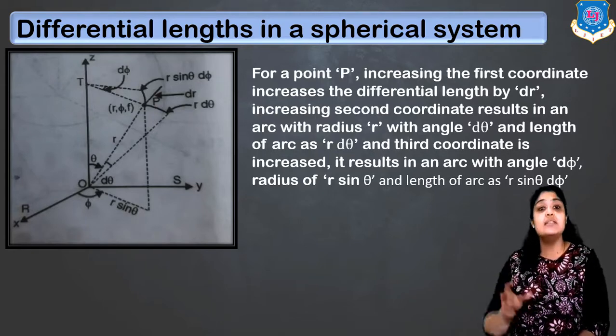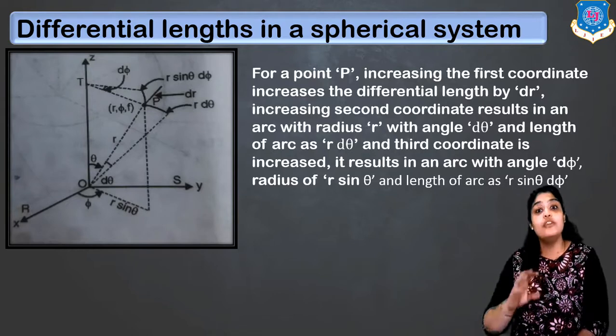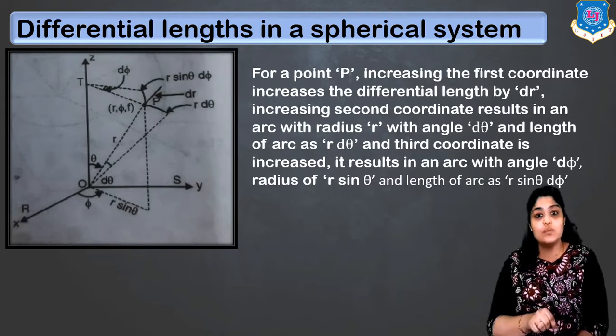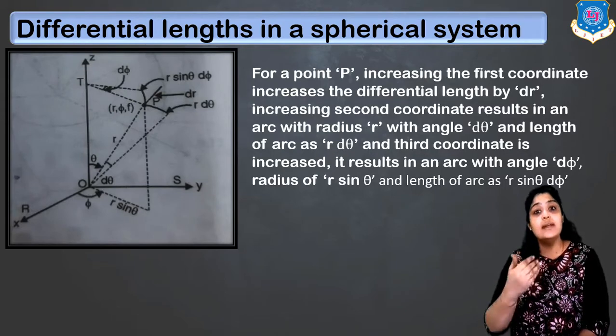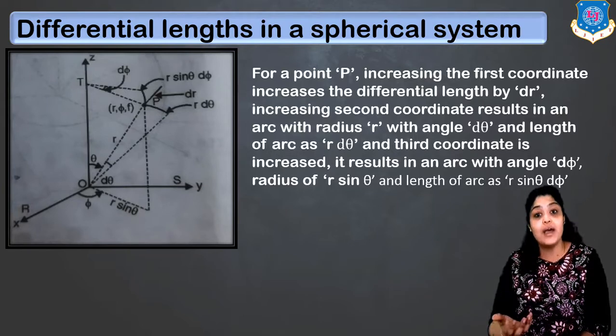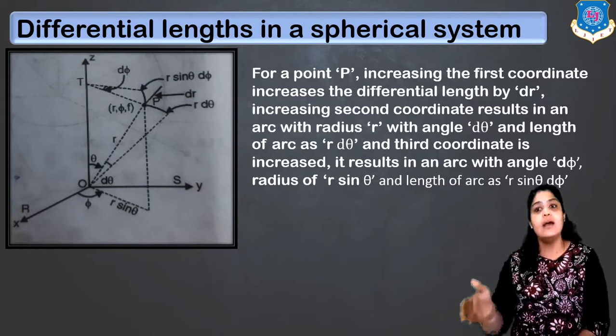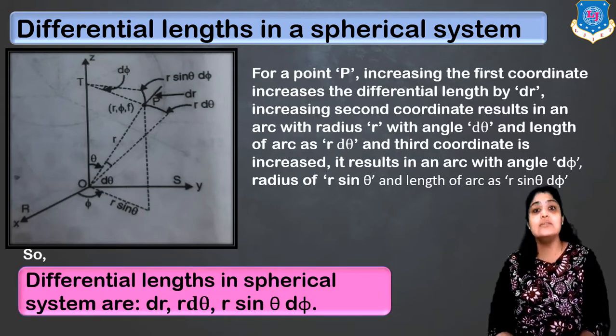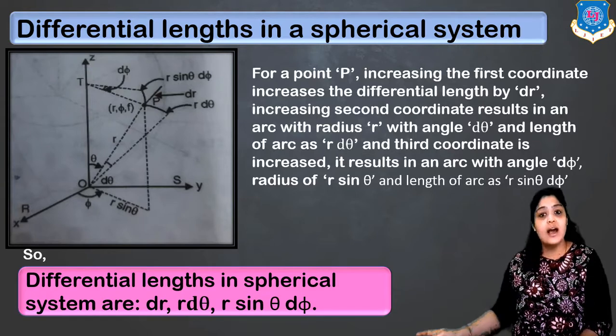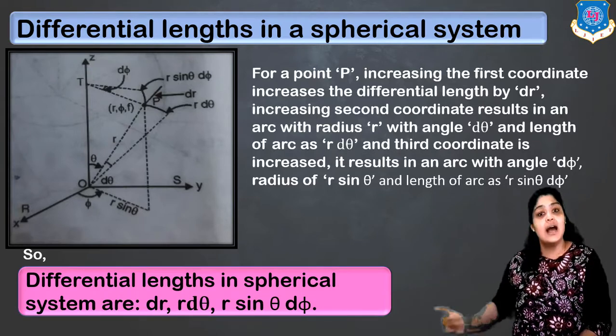It will again result in an arc of radius r sine theta. Why did we take r sine theta? Because that is the projection of the point on the xy plane. So the radius is r sine theta, and the third coordinate is changing by an amount d phi. So what will be the arc length? It will be r sine theta d phi.